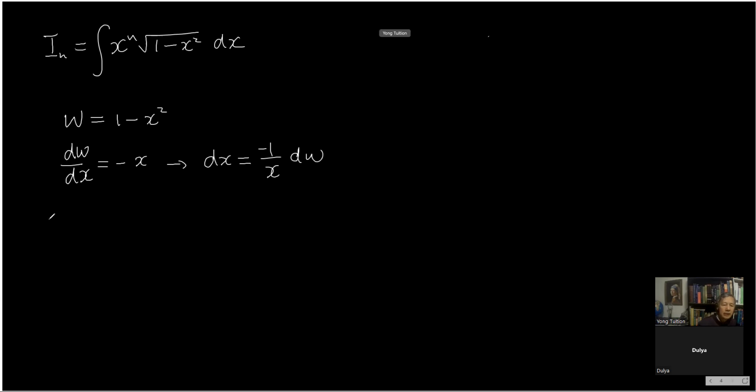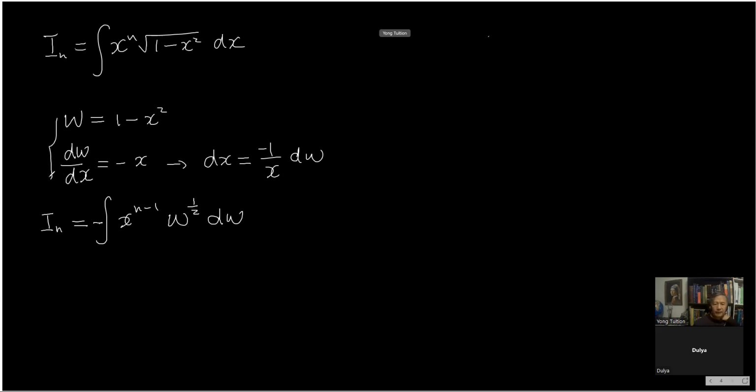So in this way, we just do the integration by substitution first. So that will become x to the n minus 1, can you see? N minus 1, w to the half, and dw. Can you follow me? Yeah. So what I suggest is we just use these two. We started from here after the substitution.